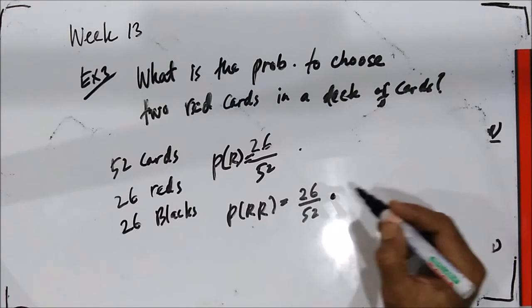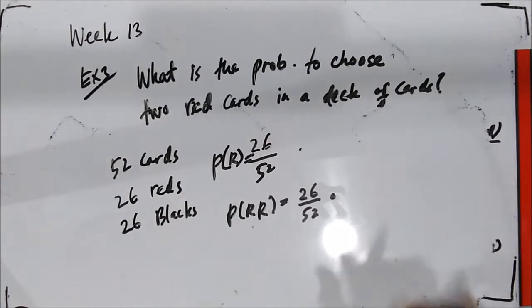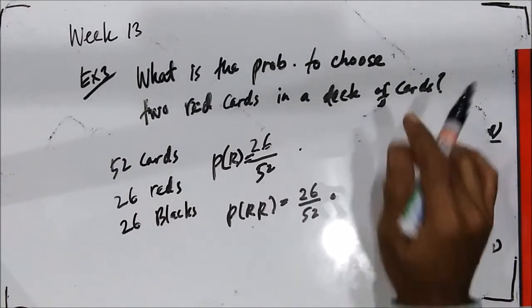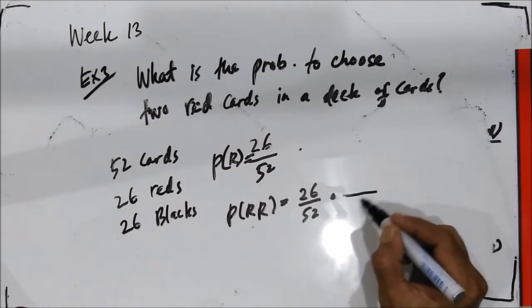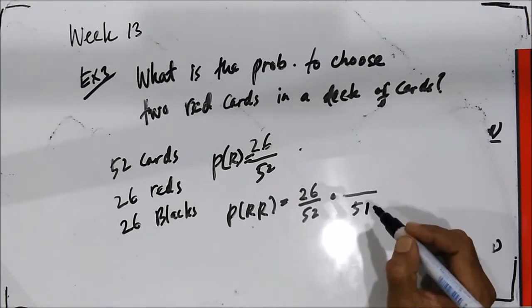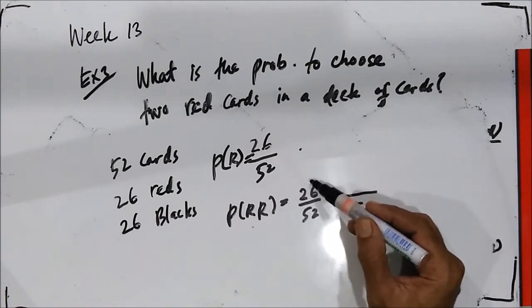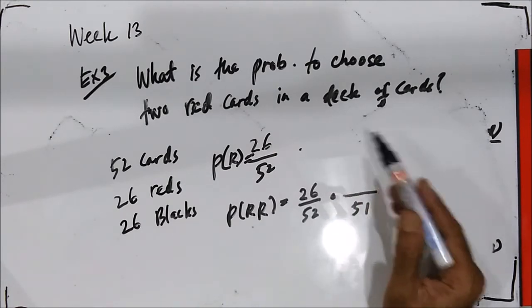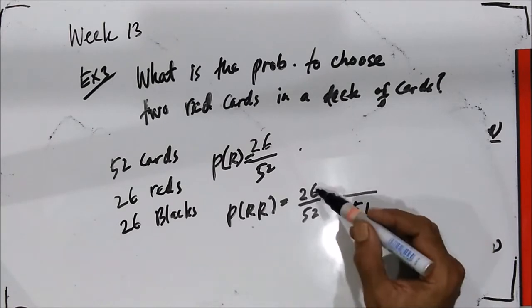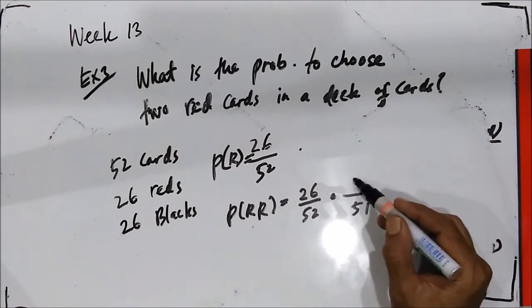Now once we get the card here, if we do not return it to the deck, the remaining number of cards is 51. And the remaining number of red cards is 25.